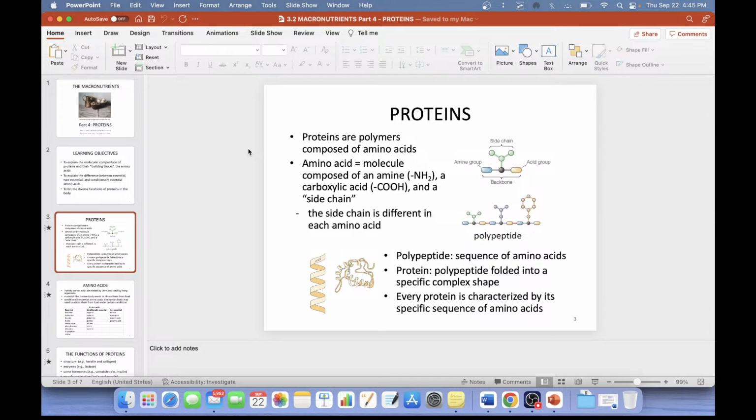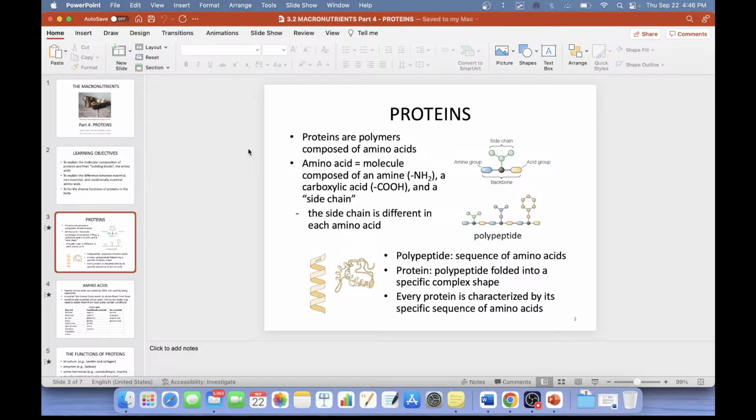So what's an amino acid? An amino acid is a molecule composed of an amine group, which is nitrogen with two hydrogens, a carboxylic acid, a carbon with an oxygen and a hydrogen, and a side chain. The side chain is another group of atoms, and each amino acid will have its own distinctive side chain.